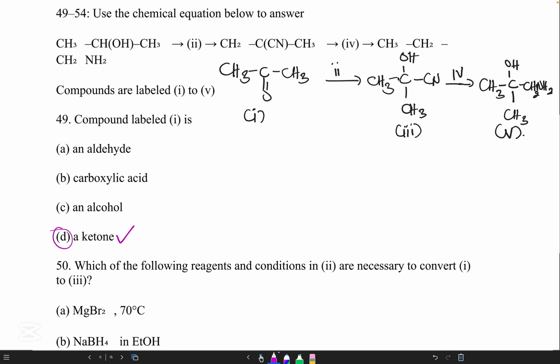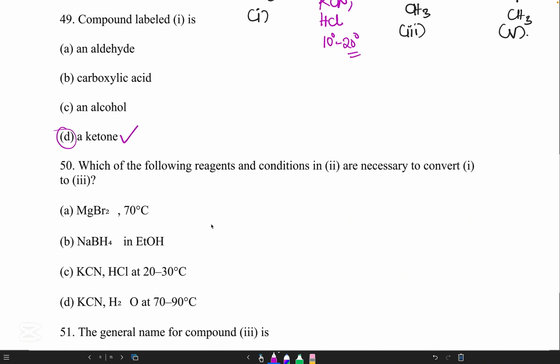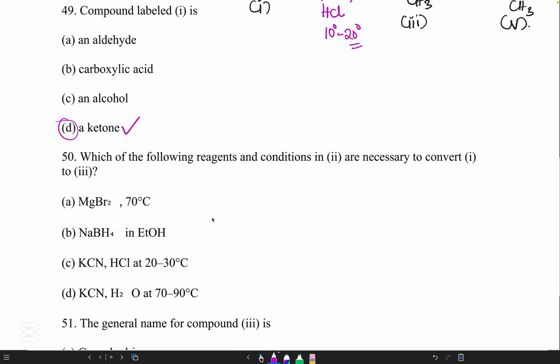Now you actually need the following to convert that. You need KCN, and you need HCl at about 10 to 20 degrees Celsius, to convert this to this. And that is part of the option there, which is option C.